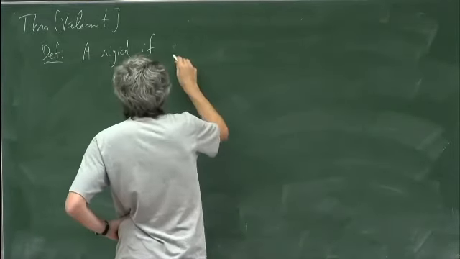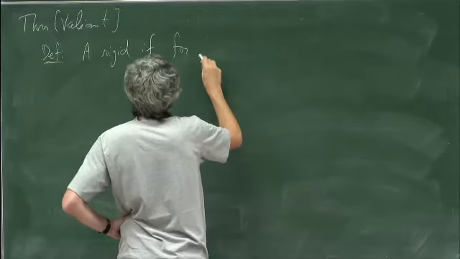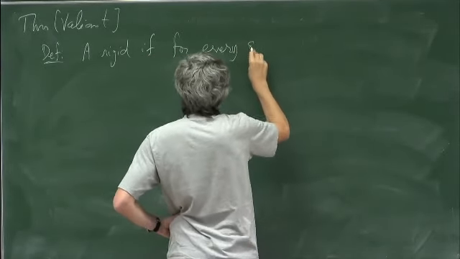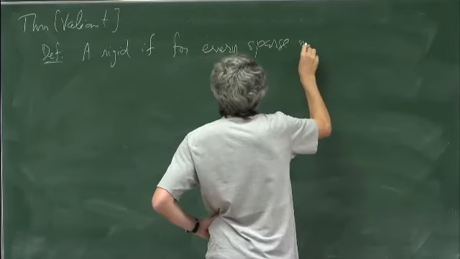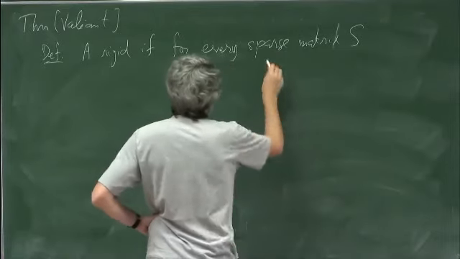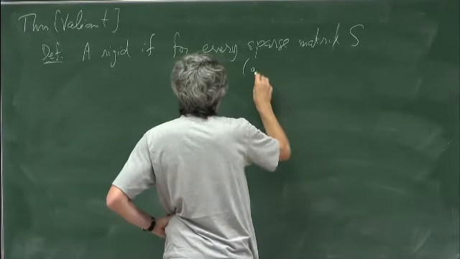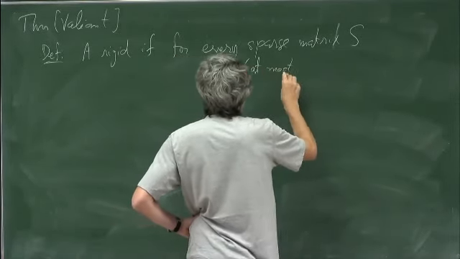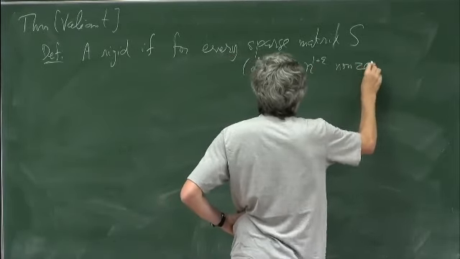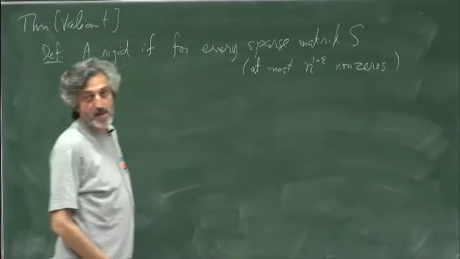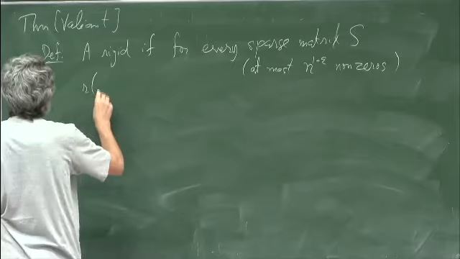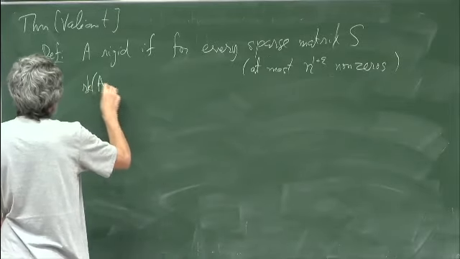A is a matrix, and A is rigid if for every sparse matrix S, and by sparse I mean at most, let's say, n to the 1 plus epsilon non-zeros, so it's an n by n matrix but has very few non-zeros, the rank of A plus S is large.